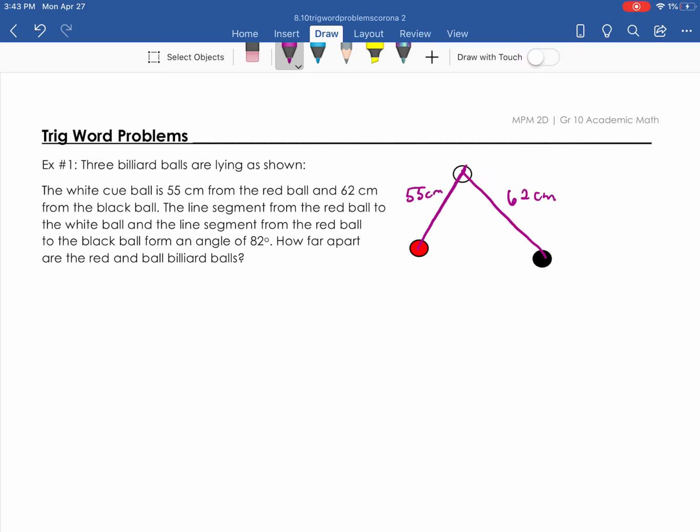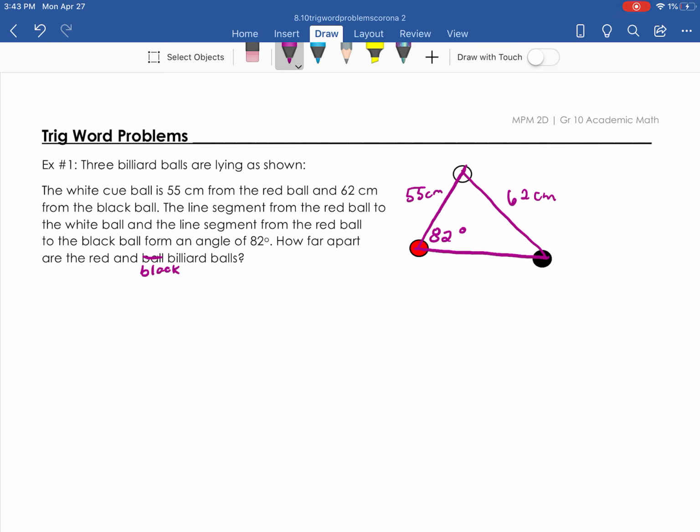The line segment from the red ball to the white ball, so that's the 55 centimeter one, and the line segment from the red ball to the black ball, so this one here, in between these two is an angle of 82 degrees. How far apart are the red and black billiard balls?